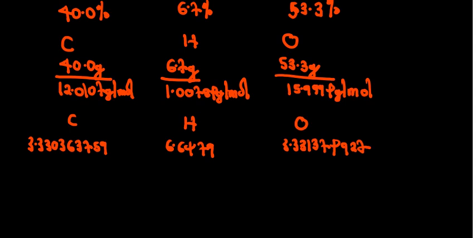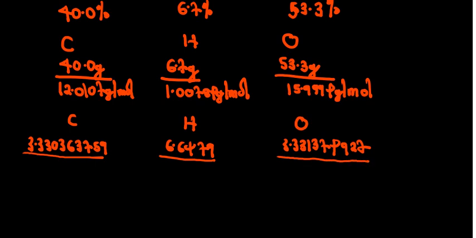So when you divide the masses over the molar masses, like we did on the previous step, for carbon, for hydrogen, and for oxygen, you get these moles. We can now divide by the smallest number of moles, the atom with the smallest number of moles.